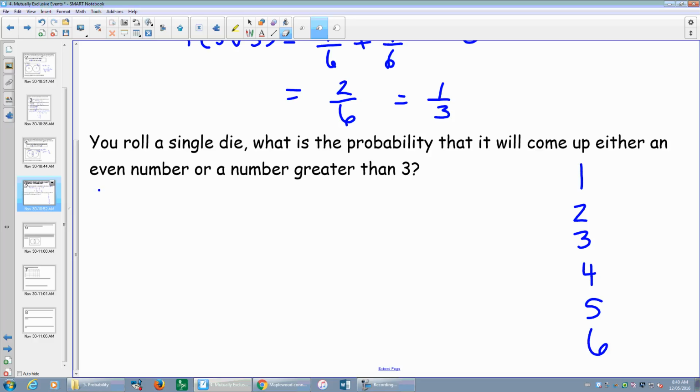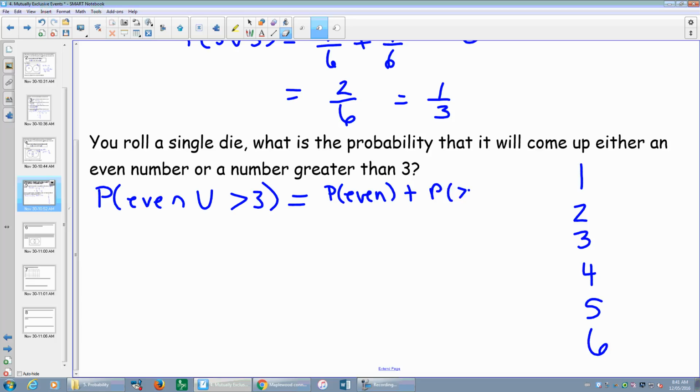So I want the probability of an even number, or it has to be greater than 3. So again, if I break this up, I'm going to find the probability of an even number plus the probability that you're greater than 3 minus the probability of the intersection of even and greater than 3.